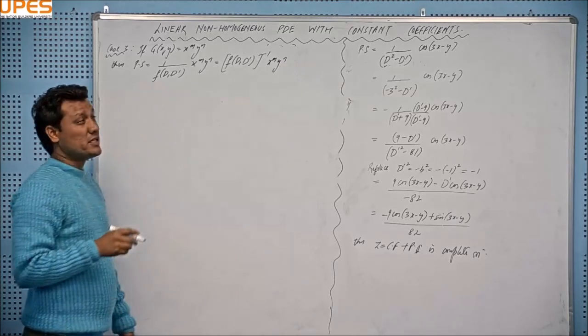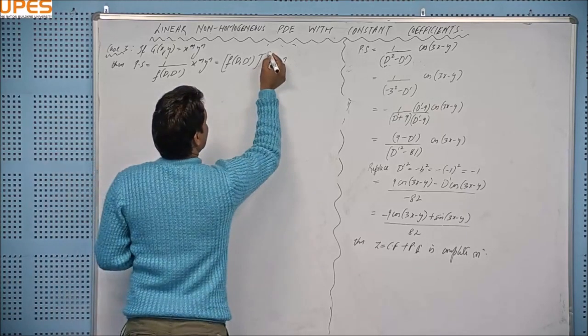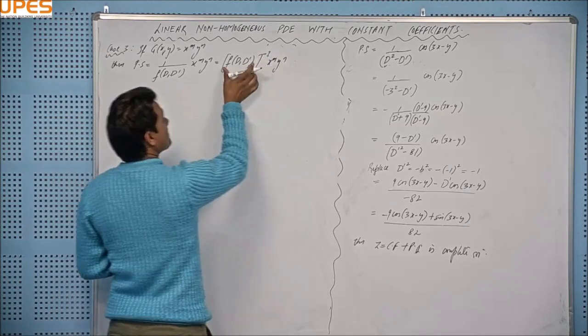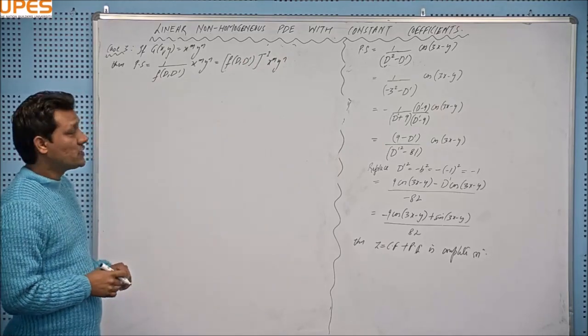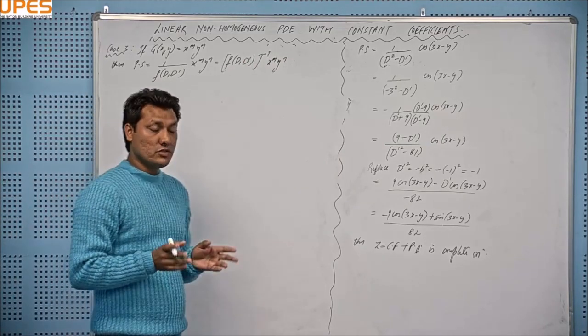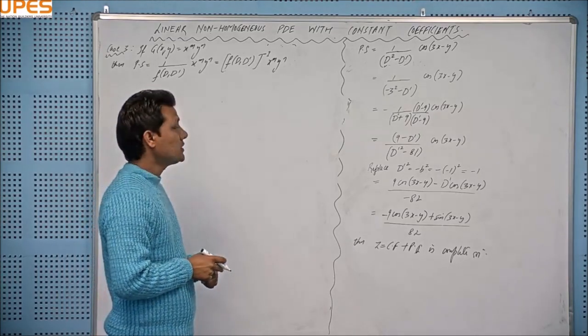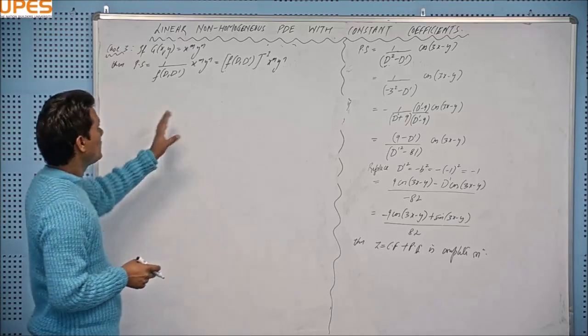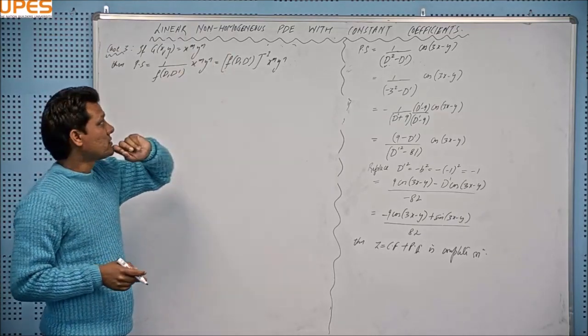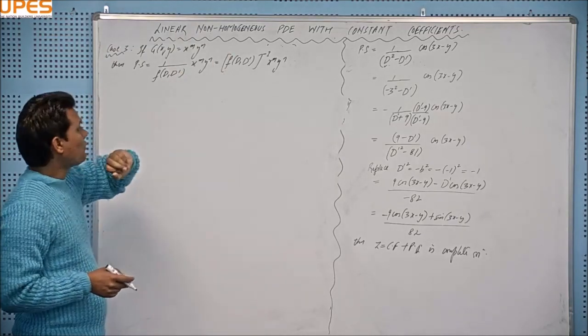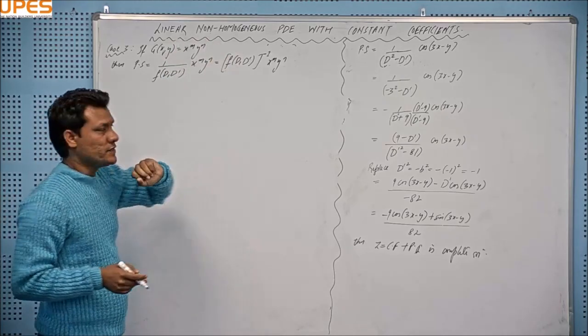And then you remember that we apply the binomial expansion of f(D, D dash) in ascending powers of either D by D dash or D dash by D, and then operate it. This is the same as we discussed in our last video for the homogeneous case.